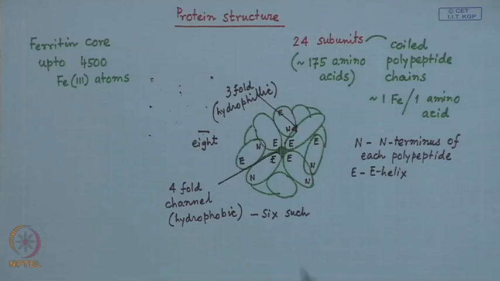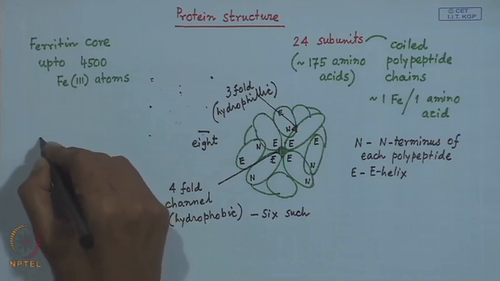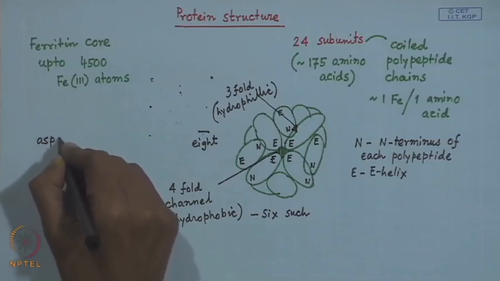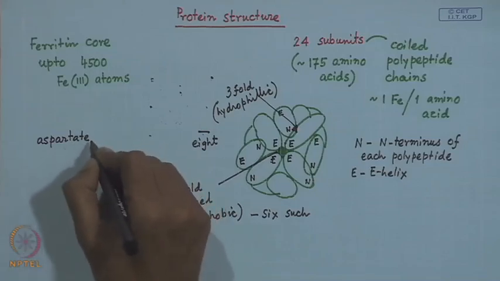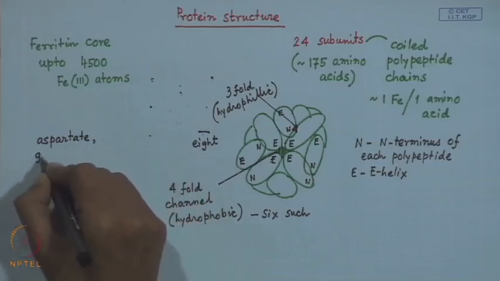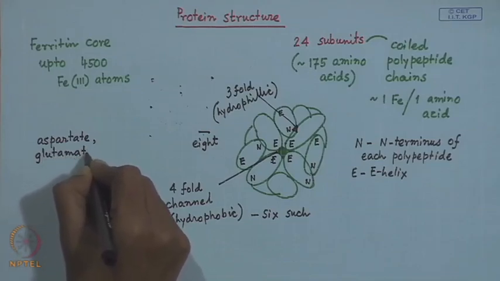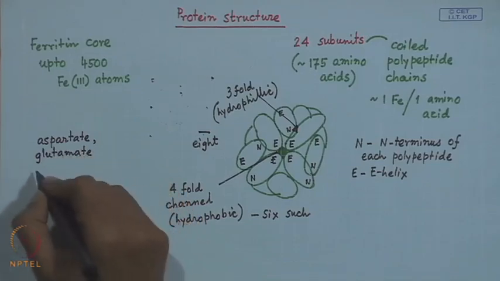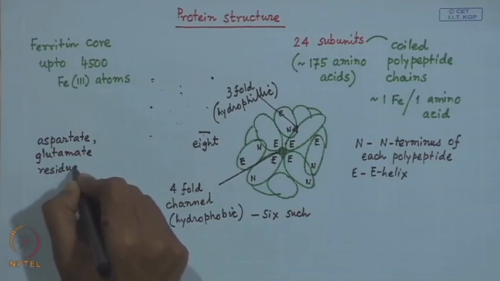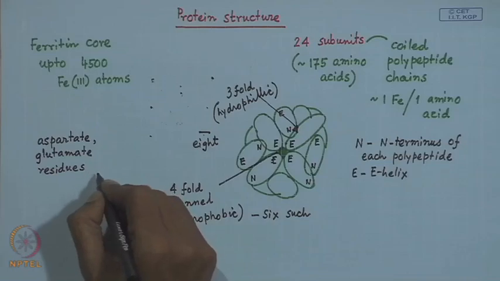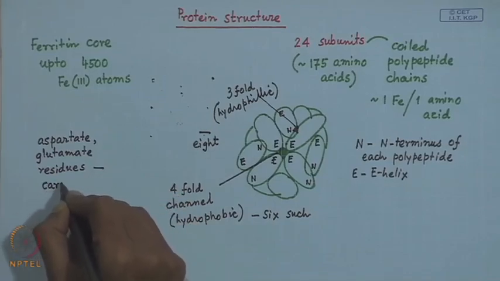So, these 3-fold channels are made up of amino acid residues like aspartate and glutamate residues. That means we have carboxyl coordination.